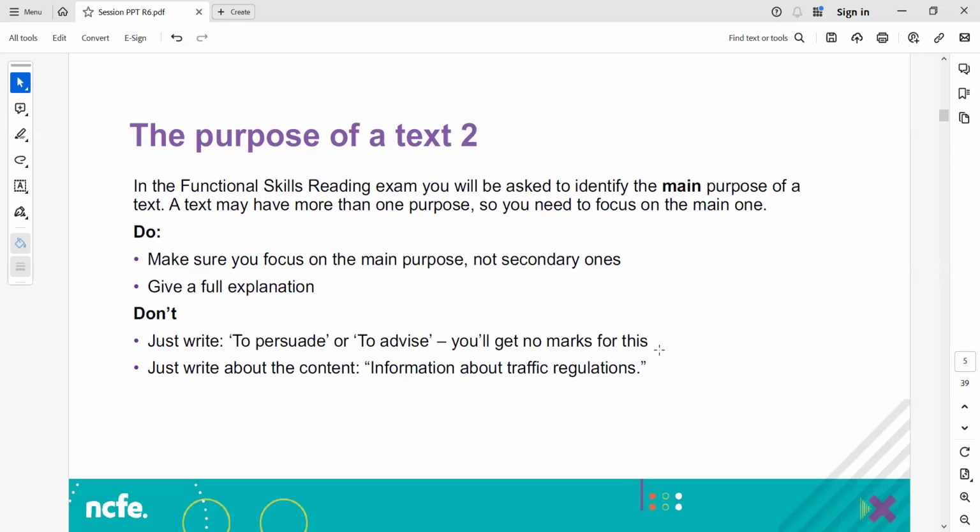You won't get marks for writing simply the purpose. You need to give more information. But also the other side of that is don't just write about what the content is. You need to do both. So what is the purpose? To persuade, and then you need to give some examples of the content, either with quotes or paraphrasing.